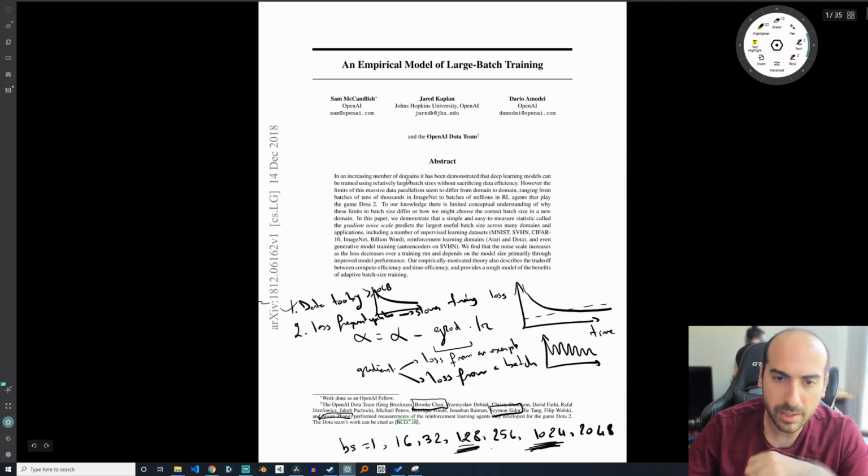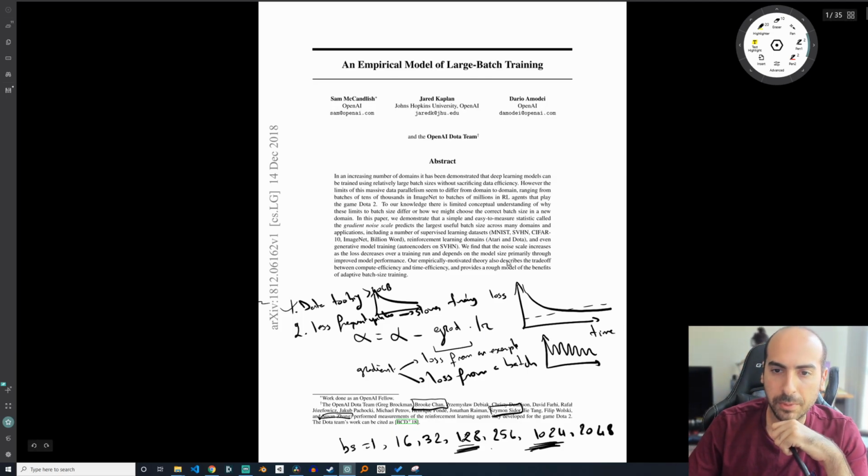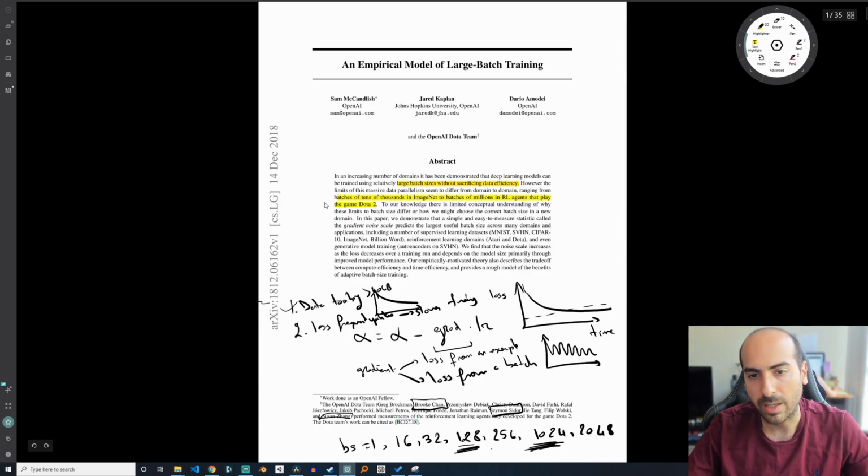In an increasing number of domains, it's been demonstrated that deep learning models can be trained using relatively large batch sizes without sacrificing data efficiency. However, the limits of this massive data parallelism seem to differ from domain to domain, ranging from batches of tens of thousands in ImageNet to batches of millions in RL agents that play the game of Dota. Oh, interesting, I did not know this.